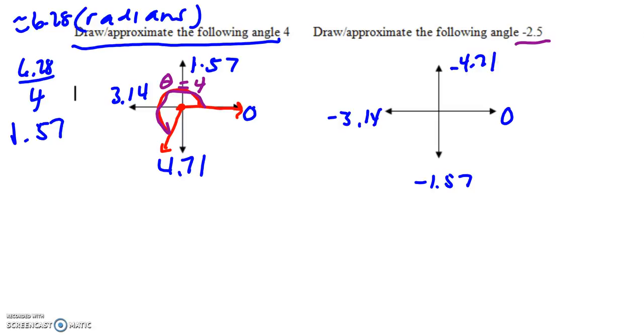So if I were to draw my angle, I would start at the vertex and initial side, go this direction this time, past 1.57, and 2.5 would probably be somewhere in the third quadrant. So theta would equal negative 2.5 radians.